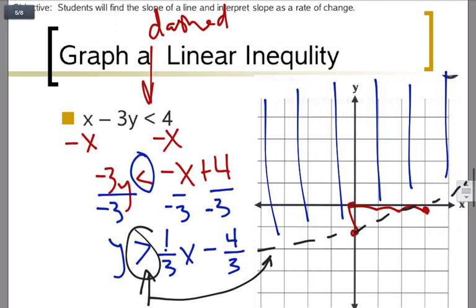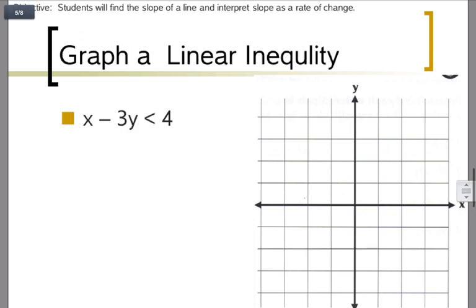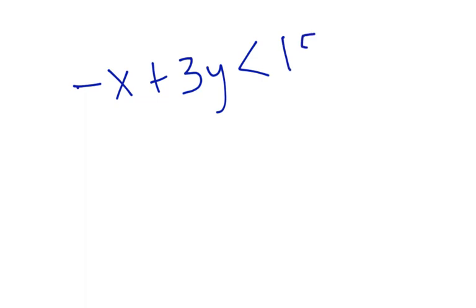So now let me do it again as if there was one that's going to be on shading below. So if I had negative x plus 3y is less than 15, I go ahead and solve.